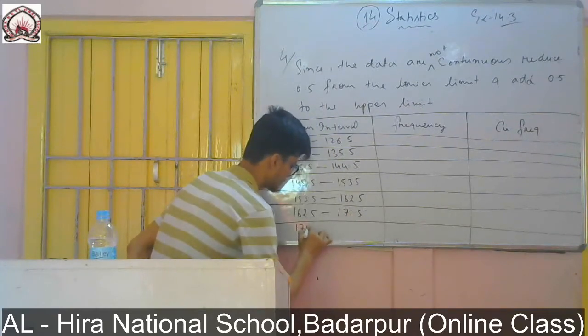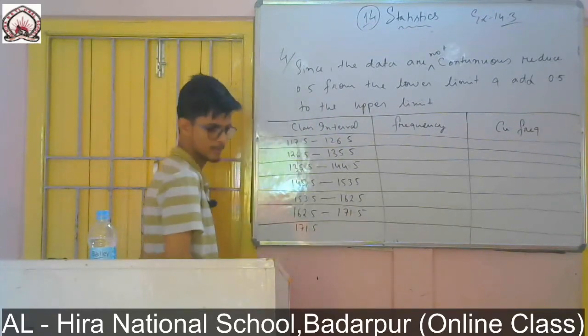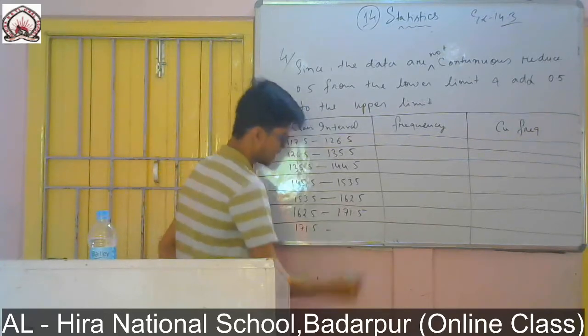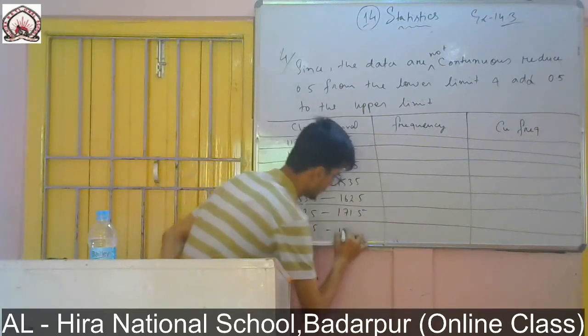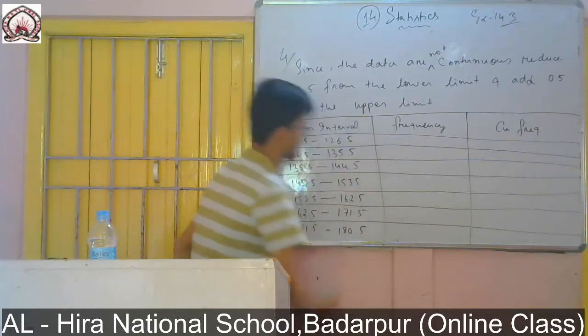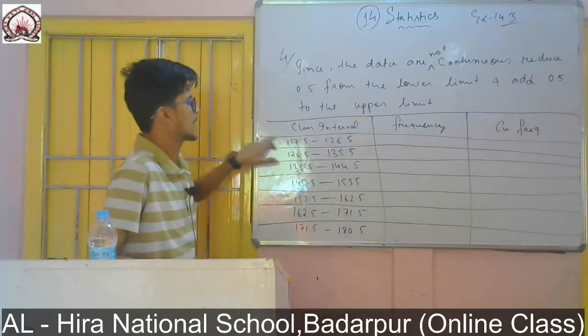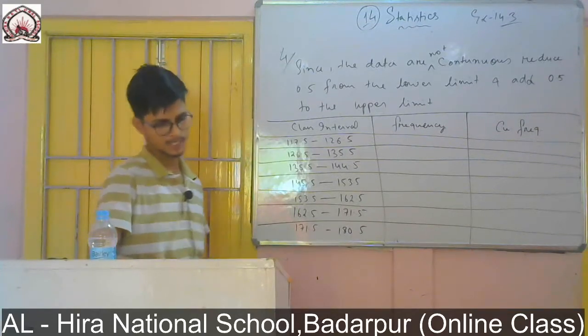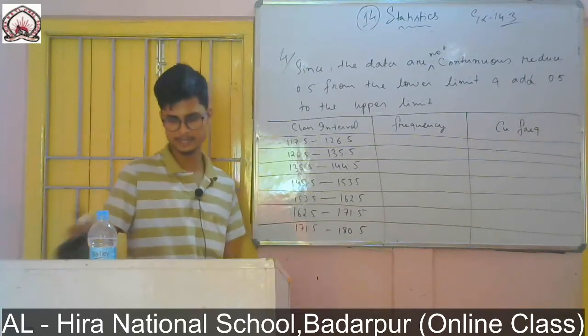Then 171.5 to, 180 given, it will be 180.5. Now you see these are in continuous intervals. This data has now become continuous, so now we can calculate it easily.